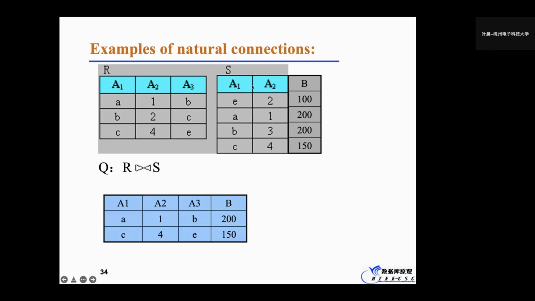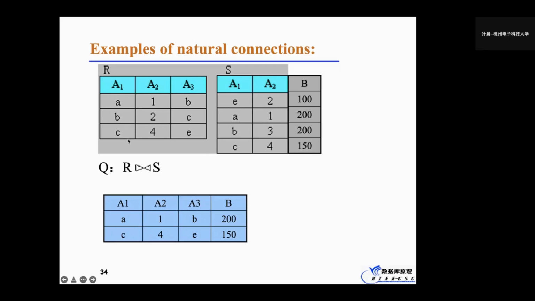So here we have only one A1 and one A2, and besides that it will only join the tuples whose attribute values are equal.